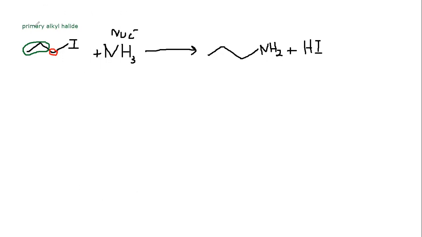So since it's a primary alkyl halide, it'll prefer to undergo SN2 mechanism because it's not as bulky. It's easy for the nucleophile to attack from the backside. And so for our mechanism, it would look like this. It's a one-step mechanism.